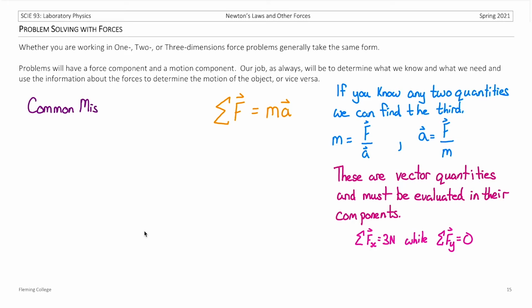When it comes to solving problems that involve forces, there is a major common misunderstanding. You must keep in mind that constant velocity means no net force. This is not the same statement as saying constant velocity means no force.